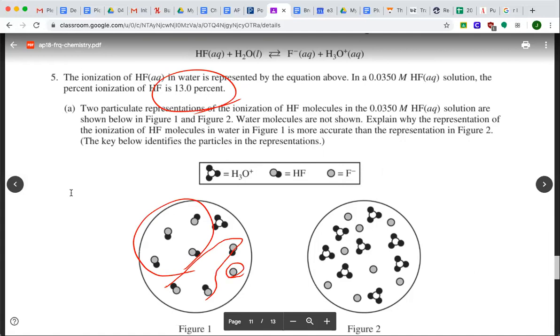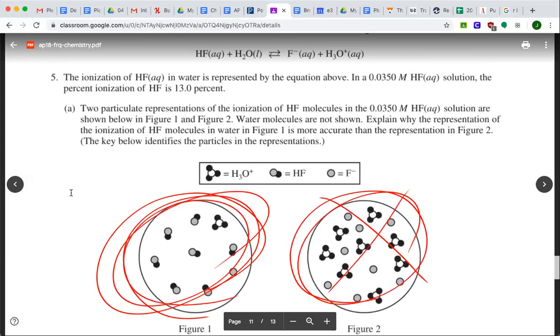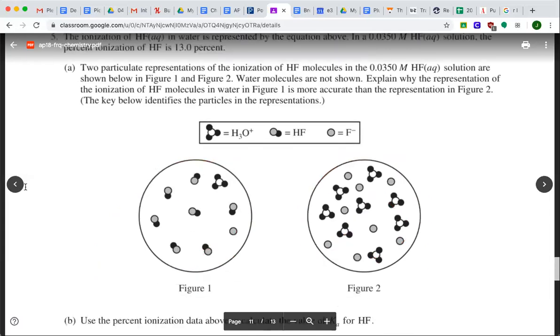And then one in every 8 is a better estimate. So 1 in 8 is ionized. That makes good sense. Versus everything's ionized on the right side. This is obviously correct. This is like 100% ionization over here. This is junk, right? Whereas this is roughly 13% ionization. That's correct. That question is a joke.